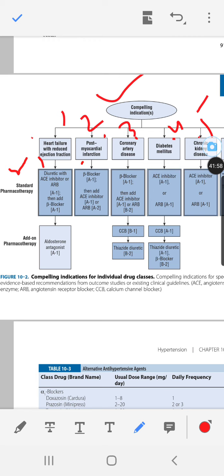The second is post myocardial infarction. In case of myocardial infarction, you have to give the beta blockers necessarily. Then you add ACE inhibitors or ARB for persistent hypertension, for persistent high blood pressure.